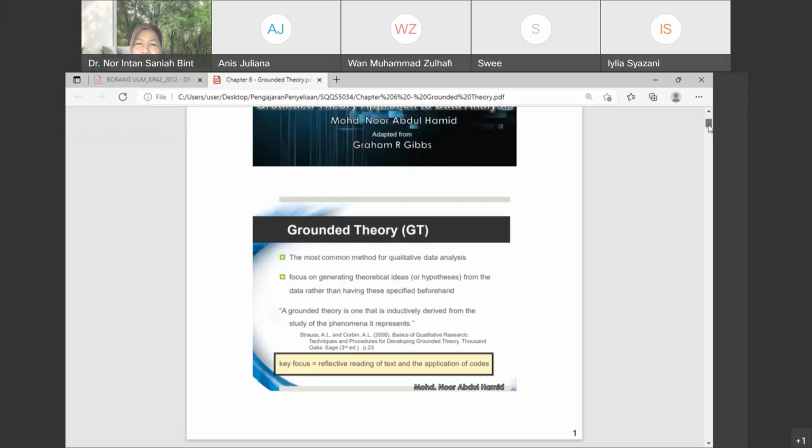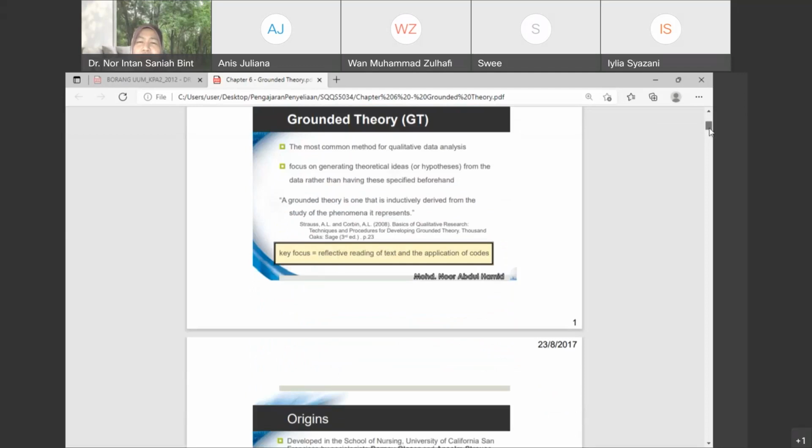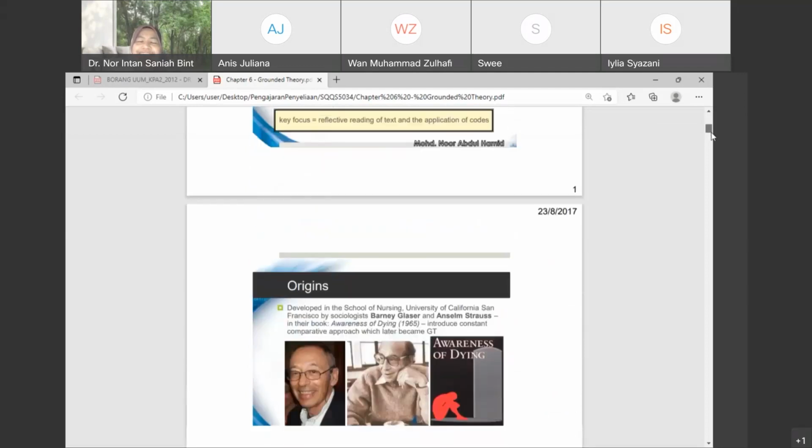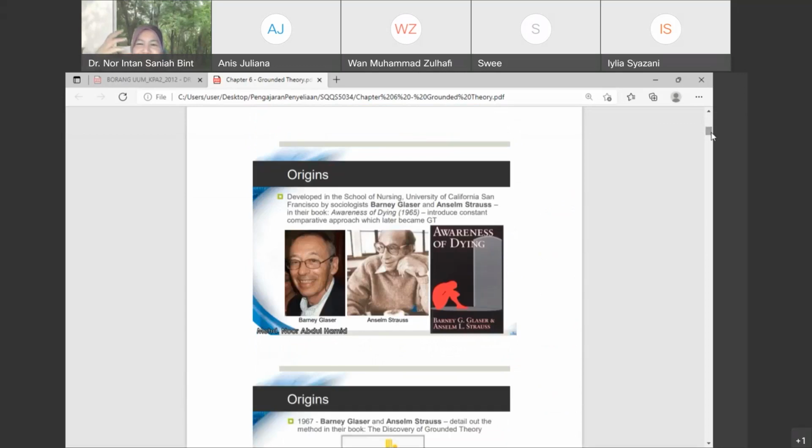I felt so blurred because it is quite subjective, quite philosophical as well, dealing with lots of things, too vague for me. Actually it was developed by Glaser and Strauss.